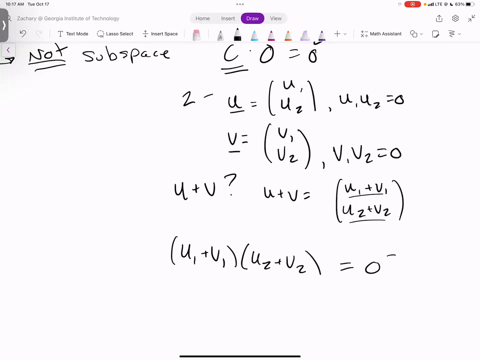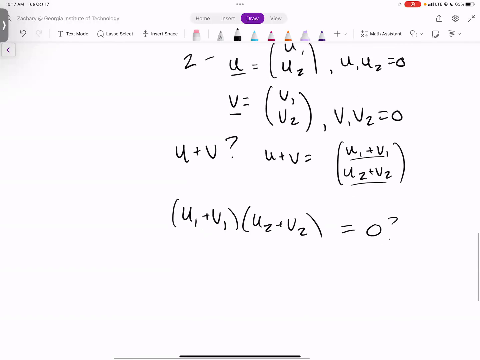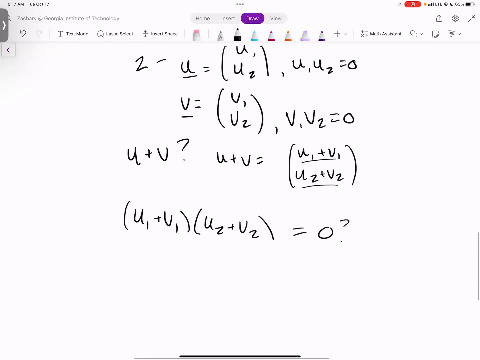And we're checking if this is equal to 0, okay? So we've picked a u1, u2, and a v1, v2 such that each pair has at least one 0 between them, which would be true such that they multiply to be 0. So either u1 or u2 is 0, or they're both 0, and either v1 or v2 is 0, or they're both 0. So between each pair, there's at least one 0.